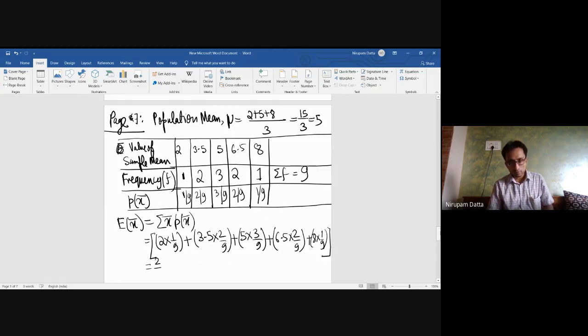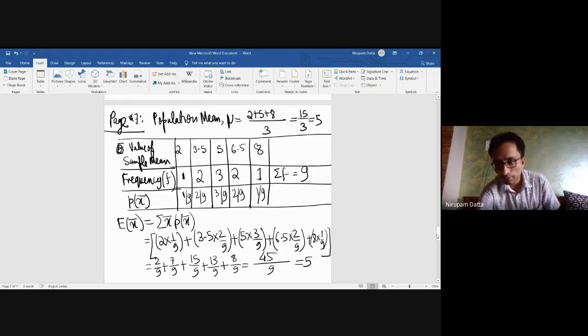So what do we get? 2 by 9 plus 3.5 into 2 is 7, 7 by 9, 5 into 3 is 15, 15 by 9, plus 6.5 into 2 is 13, 13 by 9 plus 8 into 1, 8 by 9. So the denominator is 9. What is the numerator? 2 plus 7 is 9, 9 plus 15 is 24, 24 plus 13 is 37, 37 plus 8 is 45. So 45 by 9, fine.